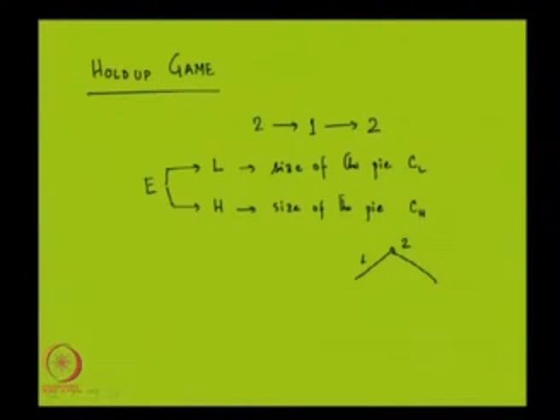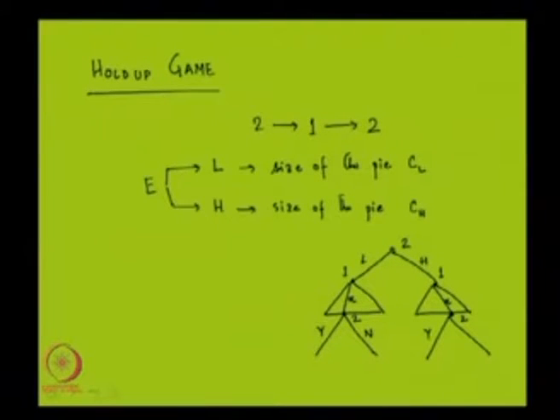So, 2 is starting the game and there are two kinds of action that he can take, either L or H. Then player 1 moves, he can make an X offer in either of these two cases, and then again player 2 moves, he can either say yes or he can say no, and then the game terminates.